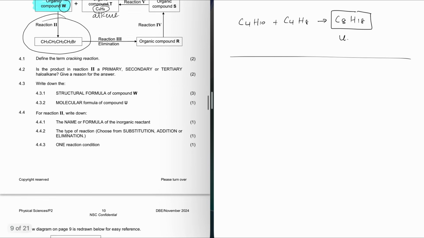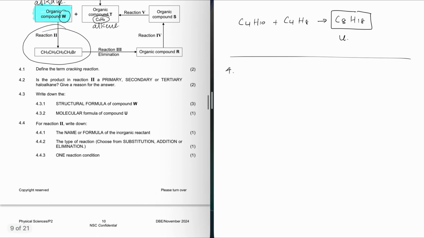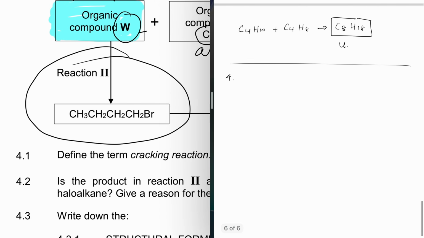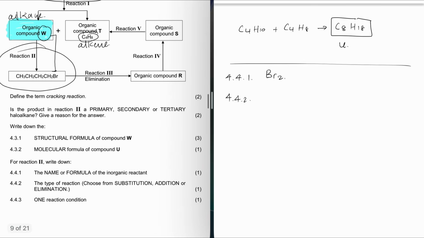Now, let's move on to question 4.4. For reaction 2, write down the name or formula of the inorganic reactant. So here, if you are going from an alkane to a haloalkane, what is the inorganic reactant? For 4.4.1, we are going to be using Br2. Question 4.4.2, what type of reaction is this?